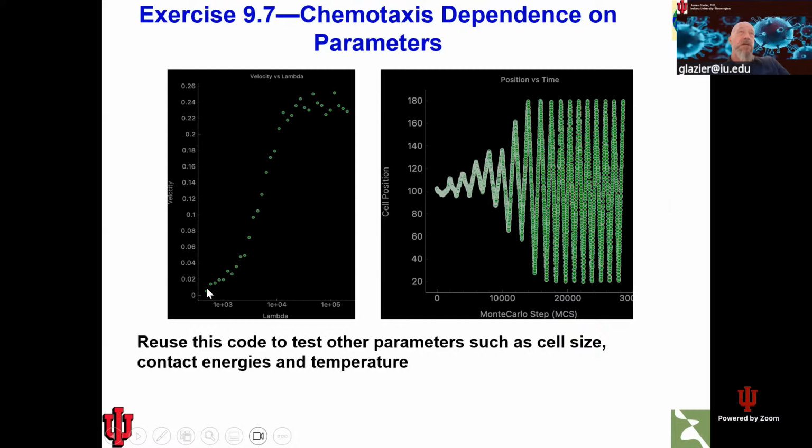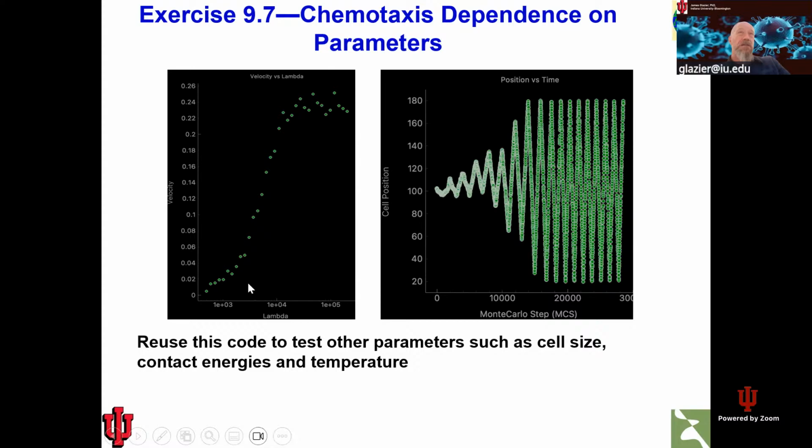And you'll see for low values of lambda, the cell doesn't move at all, or the dependence is very weak. Then between here and here, it's a linear dependence on lambda, which is what you'd like. And if lambda is too big, there's a maximum speed of 0.24 lattice sites per Monte Carlo step. No matter how hard you push the cell, you can't go faster than that.